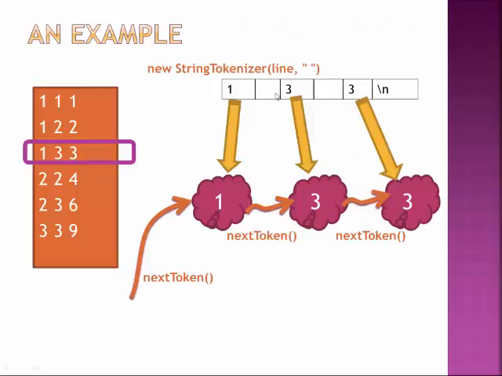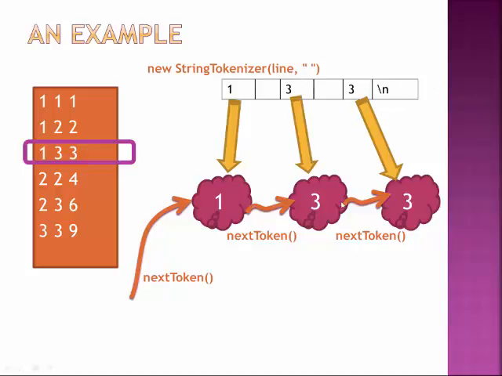As an example, when I use a string tokenizer on a line, the line here is 1 space 3 space 3. The constructor breaks it up into 1, gets rid of the space, the delimiter, 3, gets rid of the space, the delimiter, and 3. The line actually didn't have the newline at the end, but we can ignore that for now.